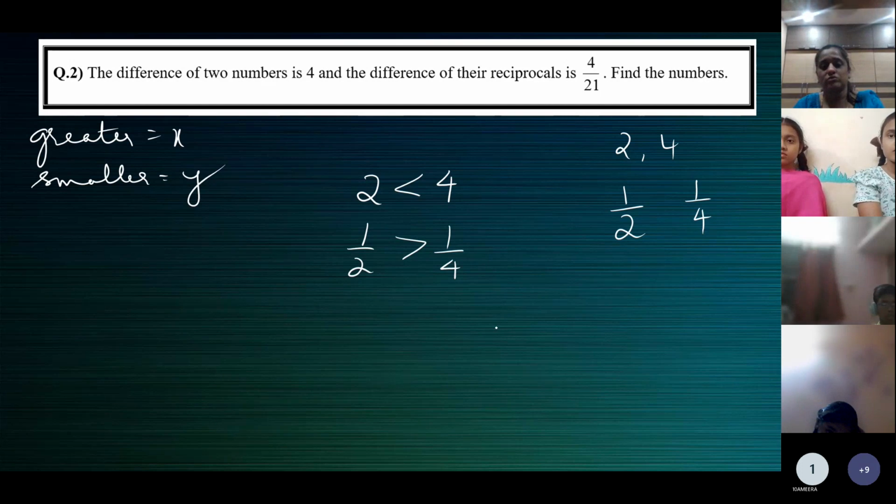When you compare their reciprocals, it's true always. I took 2 and 4 because you will understand half and quarter. So I took 2 and 4.